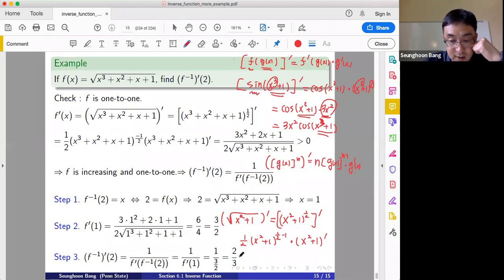So like this, we have 1/2 times x squared plus 1 to the minus 1/2, times x squared prime, which is only 2x, and 1 prime is 0. The 2 is crossed out, so the answer has x going to the top. So x squared plus 1 to the minus 1/2 goes back to the denominator. Change it to radical form like this. This is the basic idea of the chain rule.